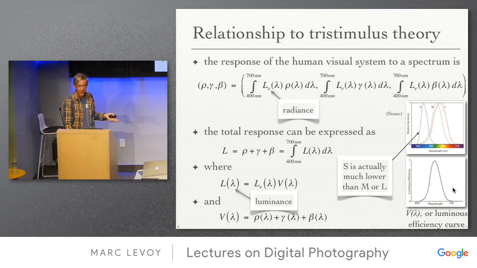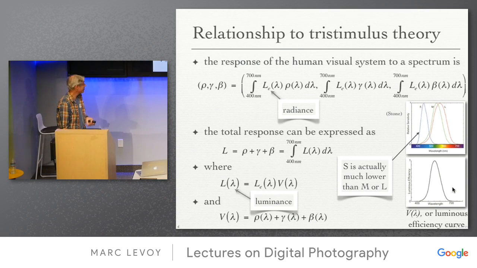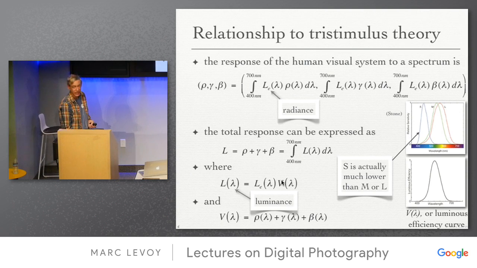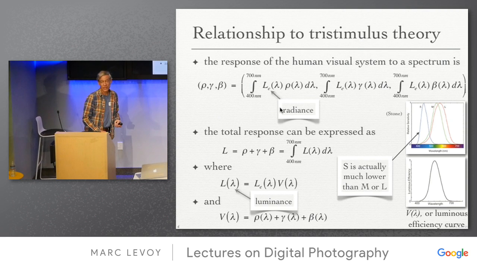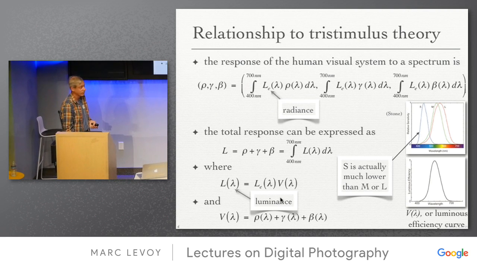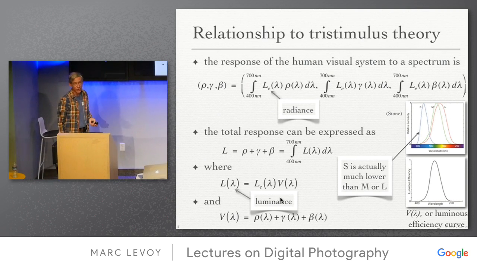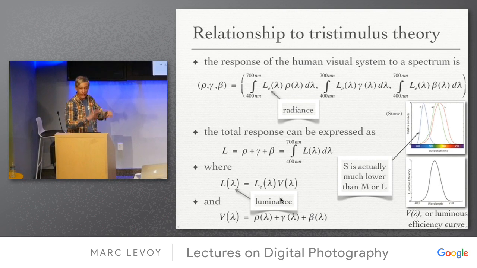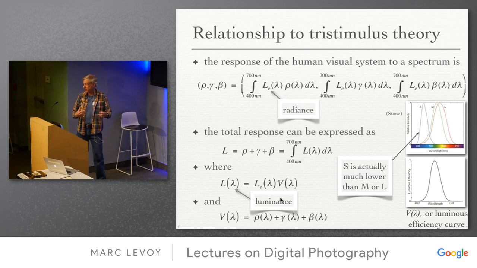And that is called the luminous efficiency curve of the human visual system, which is the sum of rho gamma beta. And so this is called luminance, and this is called radiance. For the rest of today, we'll be talking mainly about luminance, although I'll quickly show you the radiance units as well. So everyone clear on the difference between radiometry and photometry?